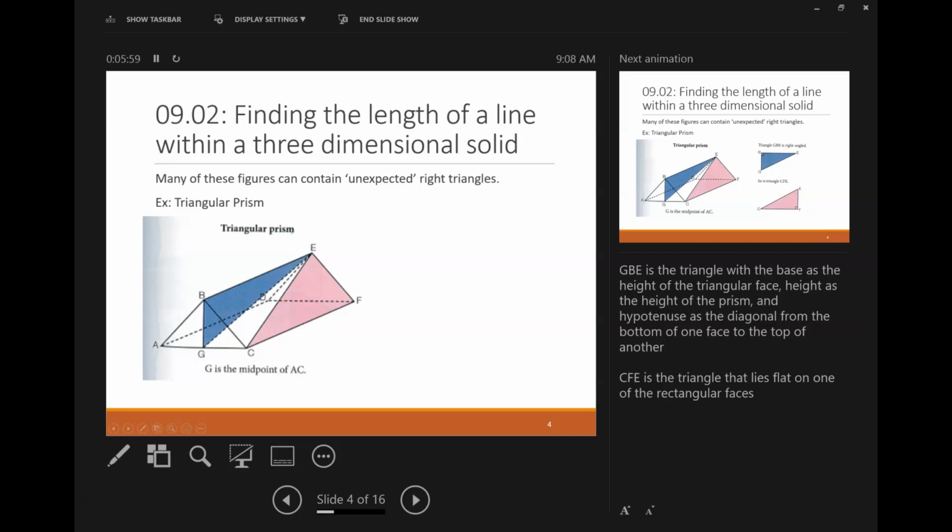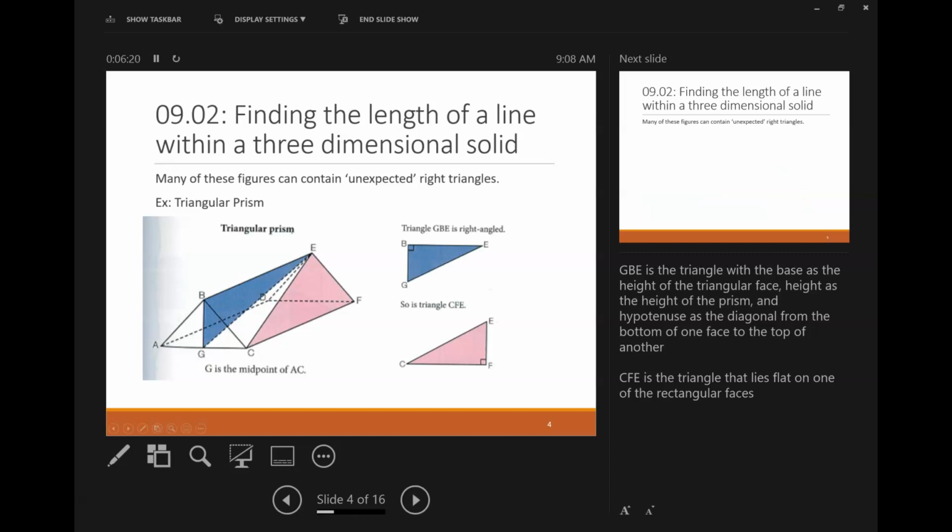So this angle EBG is a right angle, but this side GE goes from the midpoint of the base of this triangle all the way up to the corner of the triangle on the opposite side. Can we kind of see that? And again, both of these are right triangles.